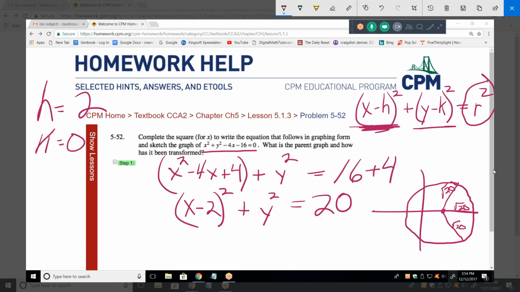Okay. So what's the parent graph and how has it been transformed? Well, I don't like that question, but the parent graph, I suppose, would be a circle at the origin. And it's been transformed by moving it 2 units to the right. But circles are not about transformations of parent graphs. That's why I don't like that part. Let's see what they say.